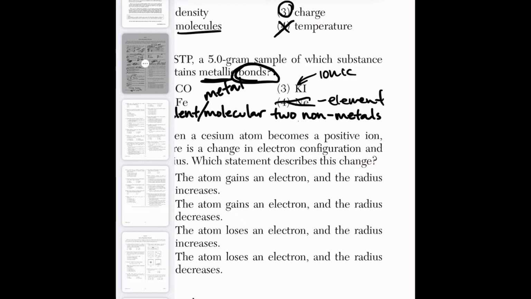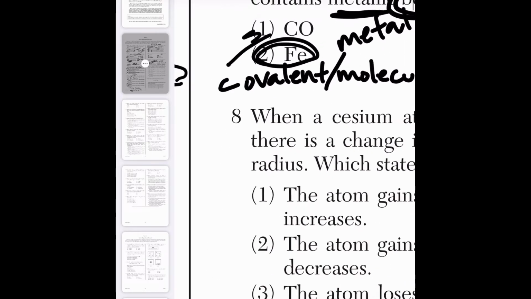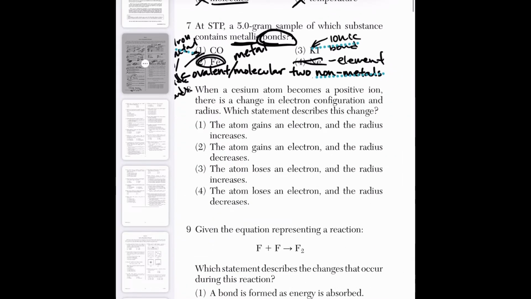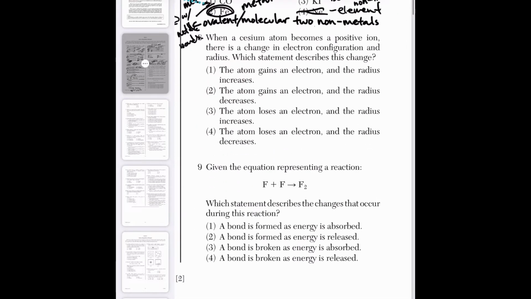This one is an ionic compound, so it's ionic bond. Only one here is this one. Fe is iron, which is a metal with metallic bonds. Oh, this is non-metal. Saying that as an element doesn't really make sense in this context.